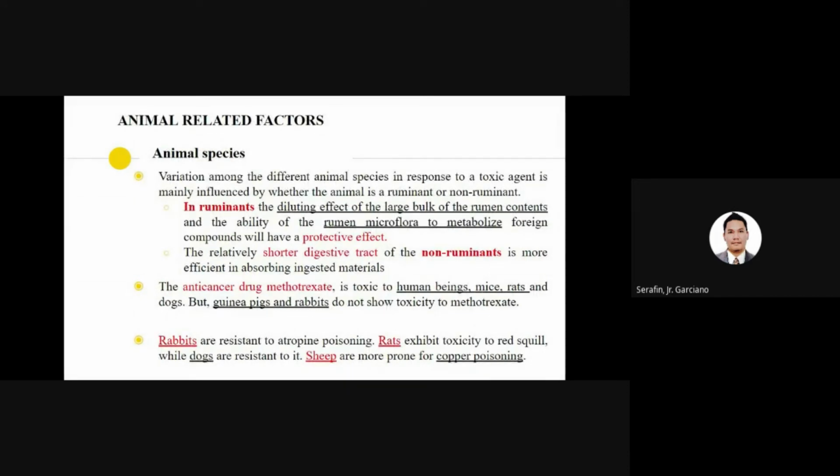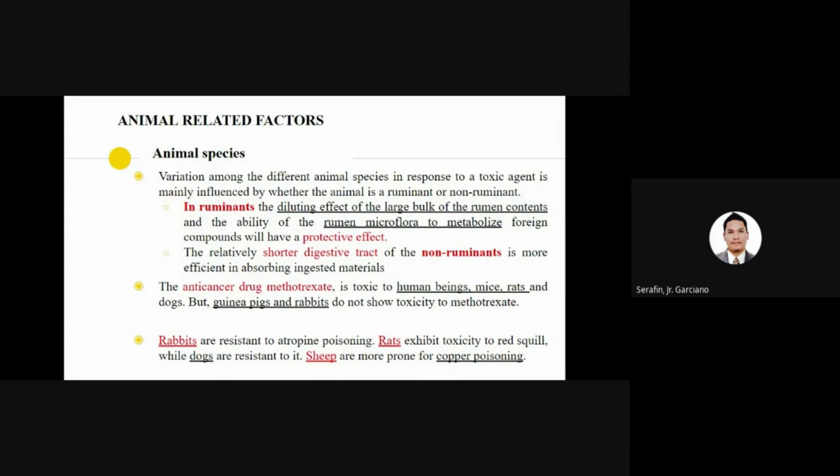In animal species, there is variation among different species in response to a toxic agent, and it may be influenced by whether the animal is a ruminant or non-ruminant.